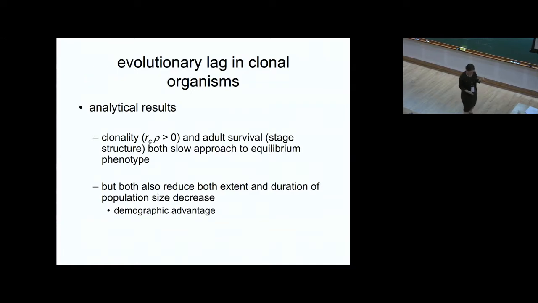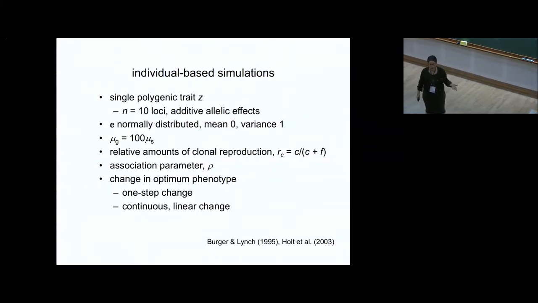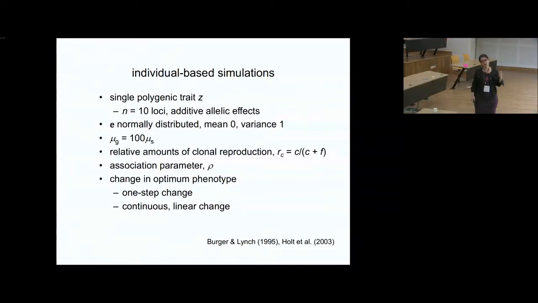To think about that, what we did is individual-based simulations. We add stochasticity, both in numbers and also mutation and environmental randomness as well. I'm going to show you some results. We took the approach of Berger and Lynch's paper. I'm going to show you results for a single polygenic trait, so instead of Z being the vector Z1, Z2, Z3, there's just Z1.